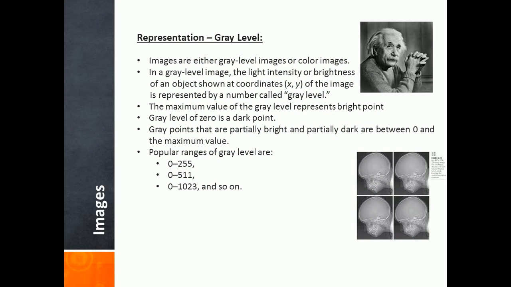Fundamentally, any particular image that you see is represented in either grayscale or color: gray level images or color images. In a gray level image, every coordinate is represented by a value where the maximum value represents the brightest point and 0 represents darkness.